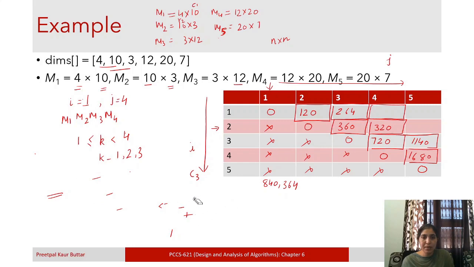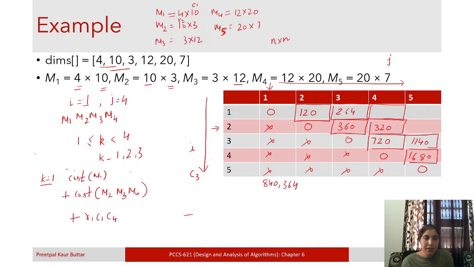So let me erase these things here. When k is 1, it means you have only matrix 1 on the first side, the first subproblem. The second subproblem contains k plus 1 to n, that is m2, m3 and m4. And then you will find the cost of computing the product of these two subproblems, which will be r1, c1, c4 when k is 1.